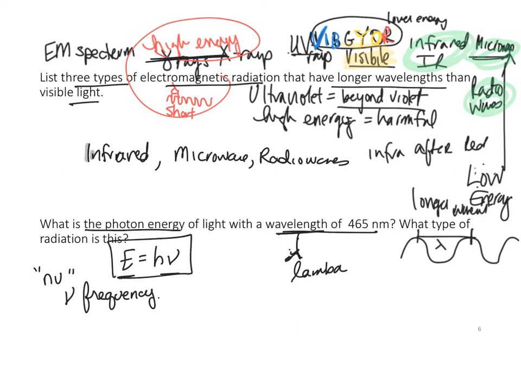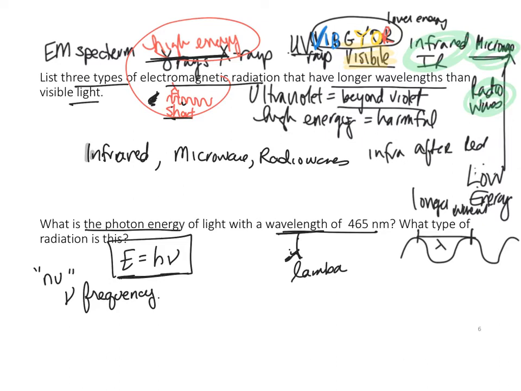Frequencies are when you stand at one point in time and you count how many times a wavelength passes through. You can imagine if your eyeball is here and you're counting over 1 second how many waves cross through, you're going to have a lot more for these shorter wavelengths than these long wavelengths.